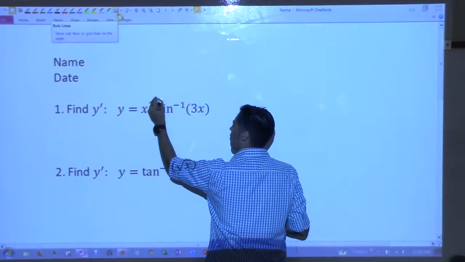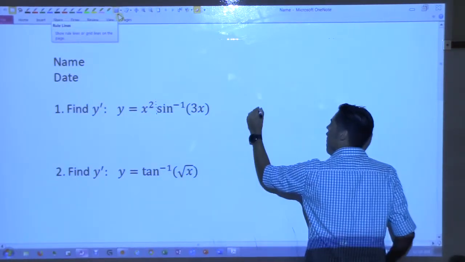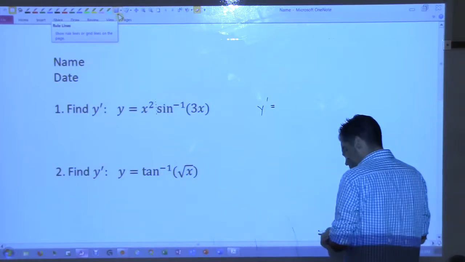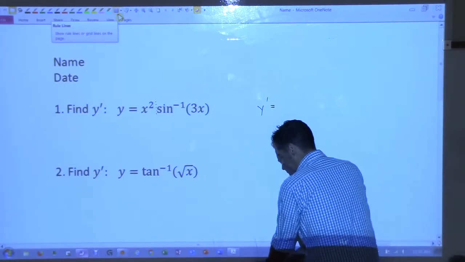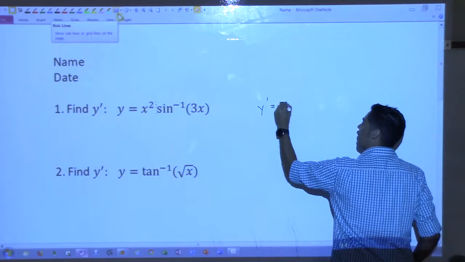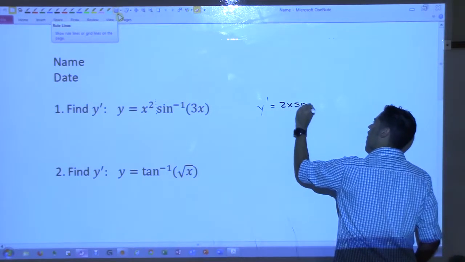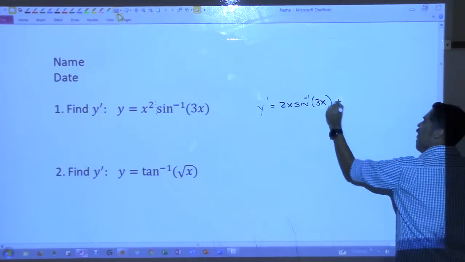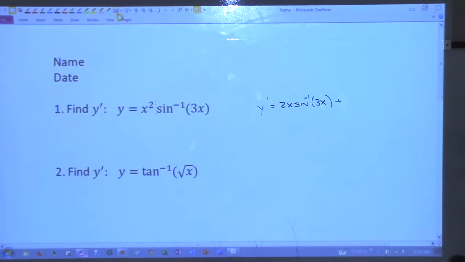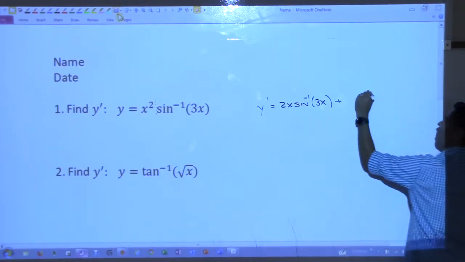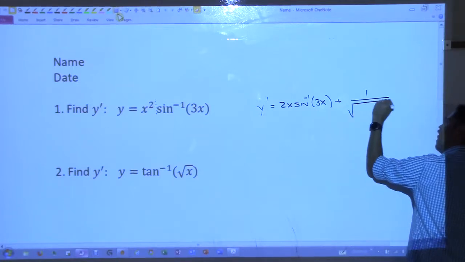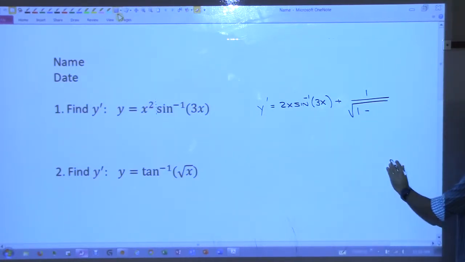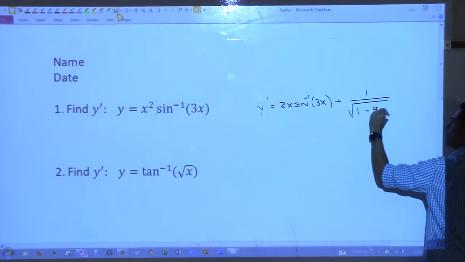If you have a product, you take the derivative of the first function, which is 2x, times the second function, arc sine of 3x, and then plus, now the derivative of arc sine of 3x, which would be 1 over the square root of 1 minus the argument squared. So it would have to be 3x squared here, which would be 9x squared.